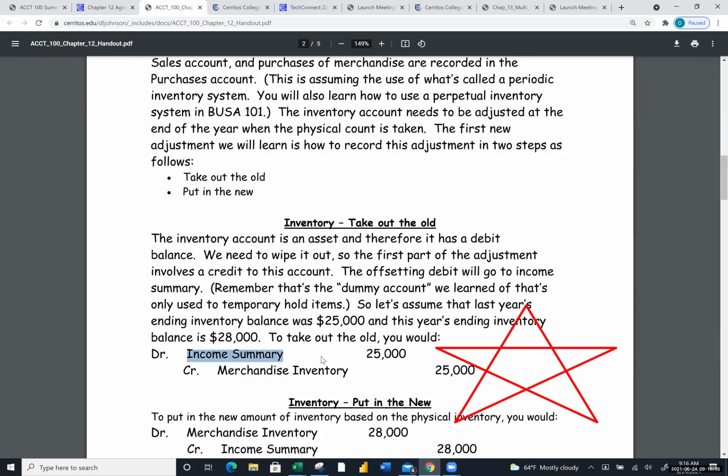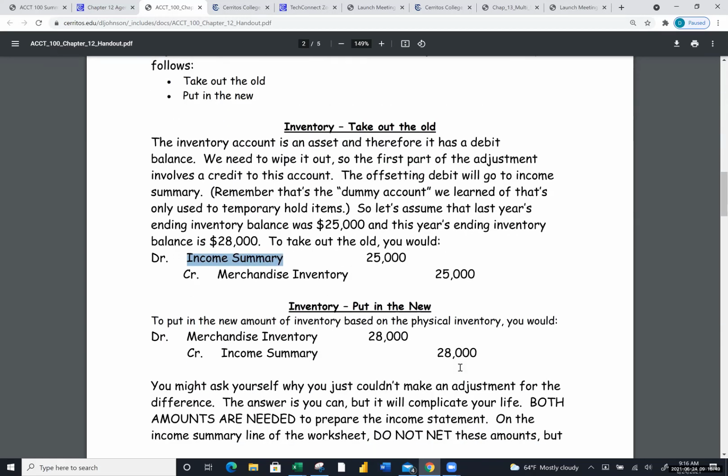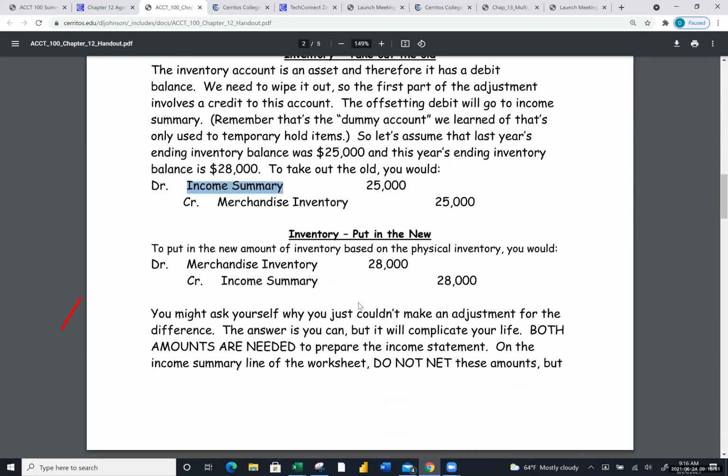We called it a junk drawer before. We said it was temporarily used to hold numbers and then it goes away. Well, it's going to help us in this inventory adjustment. So we took out the old inventory here and we put in the new inventory here. And I'm going to demonstrate that to you in our first exercise.